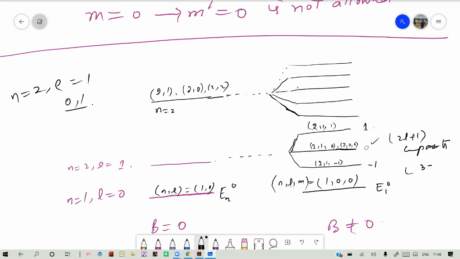And ML is 2, 1, 0, -1, -2. Now this is N equal to 3; N equal to 2 we have already taken.